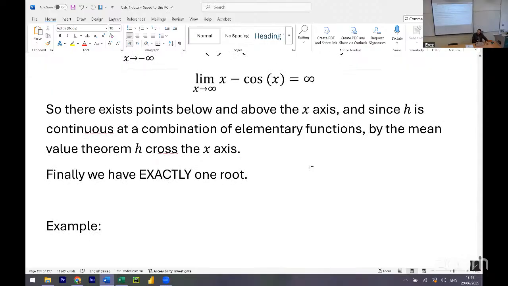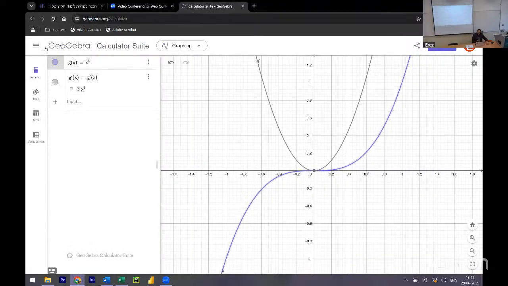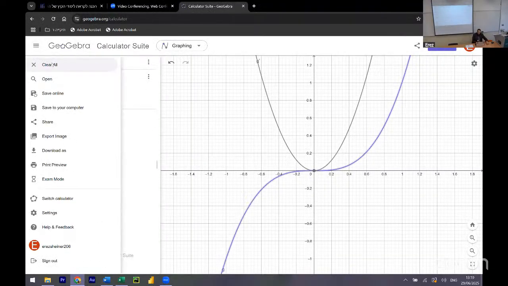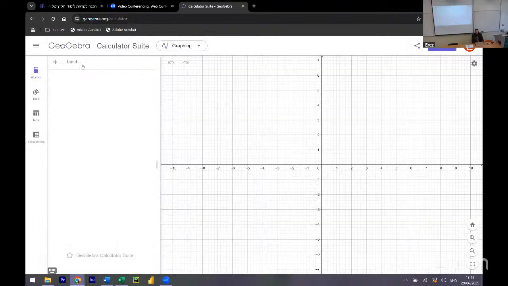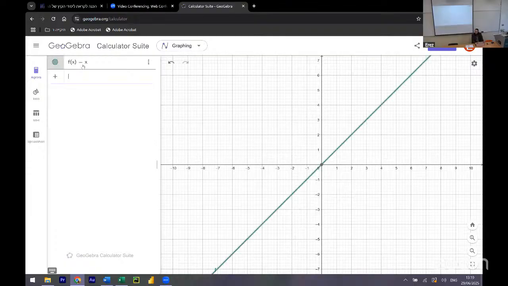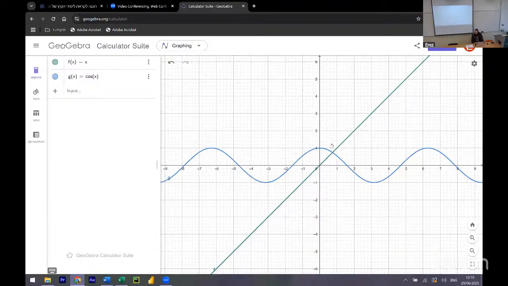And now we can use GeoGebra and show you the way it looks. So the function x, that one, and the function cosine of x, that one. Algebraically we cannot solve this question.